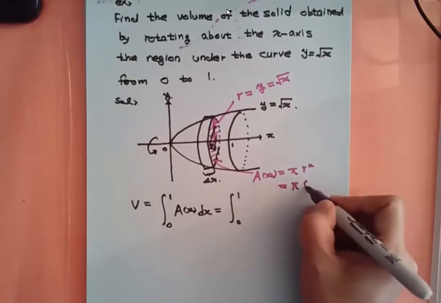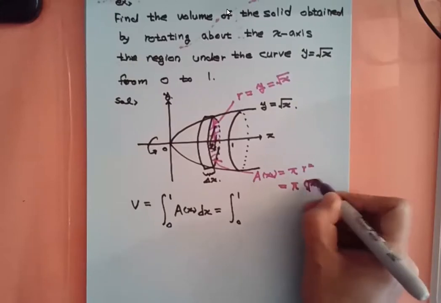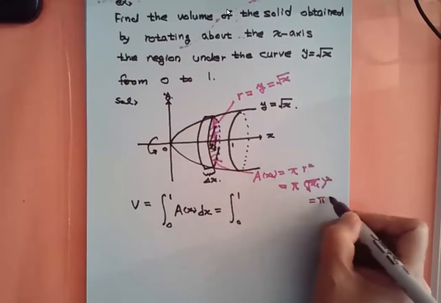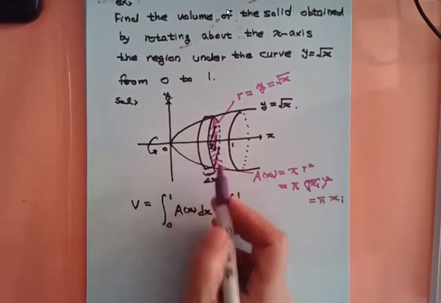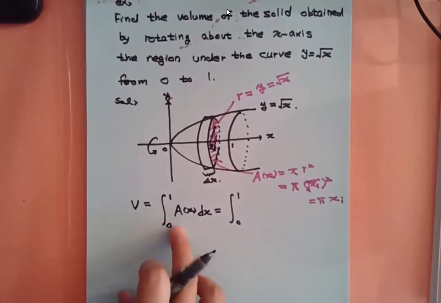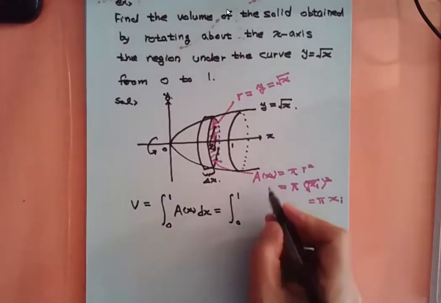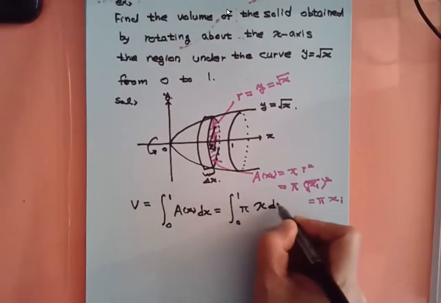Pi times square root of xi squared, right? So that is pi xi, in this case, at this particular point. But in general, when we state the area at x, that'll be pi times x, dx.